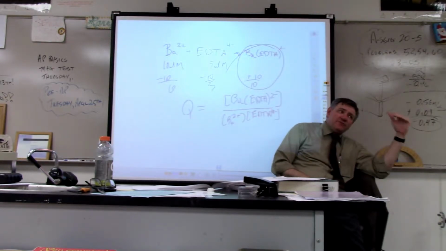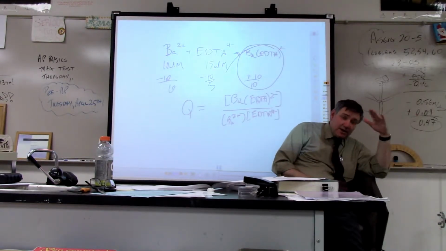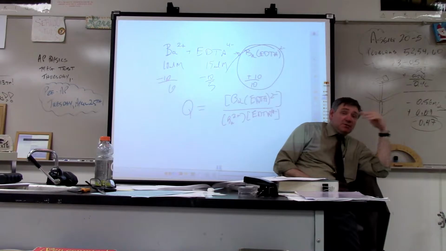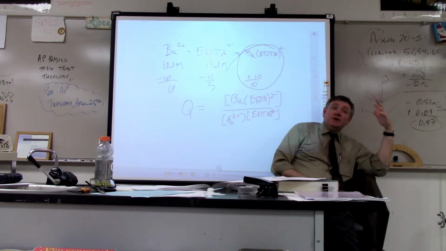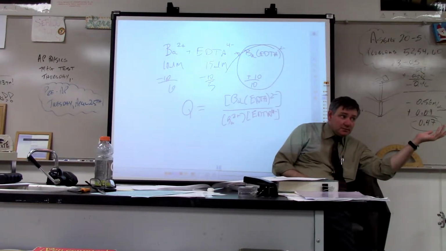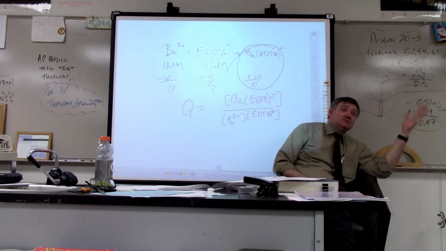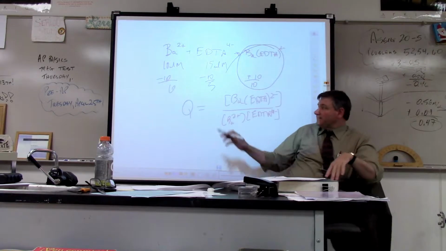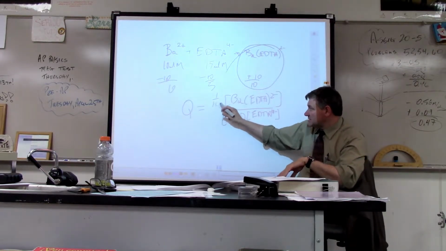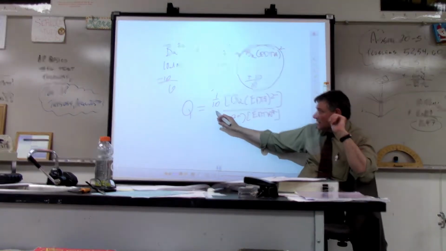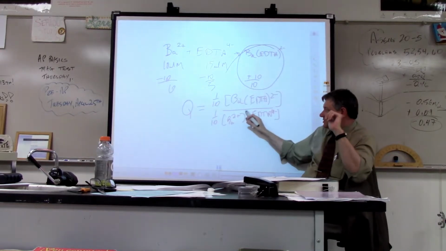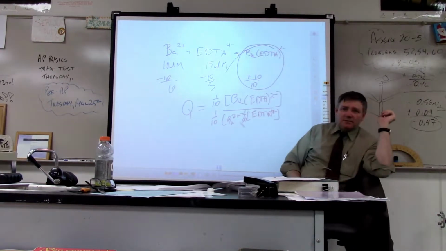By what factor? Because you went from basically 100 milliliters up to 1,000 milliliters. So it went up by a factor of 10, so the concentration is going to go down by a factor of 10. So all the concentrations are going to drop by 1/10.